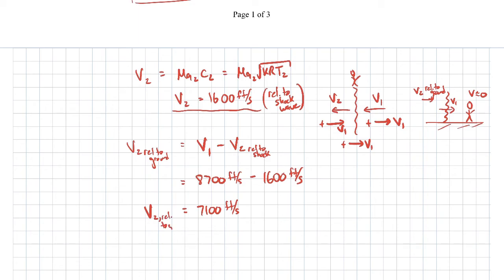So if you're standing there and somehow you've managed to survive the huge and sudden change in pressure, and you've managed to survive the huge and sudden change in temperature, then you're going to have to contend with this huge velocity of air that is coming past.